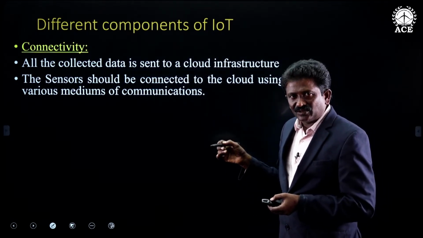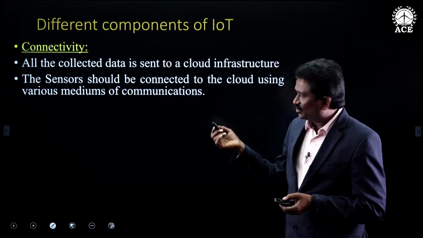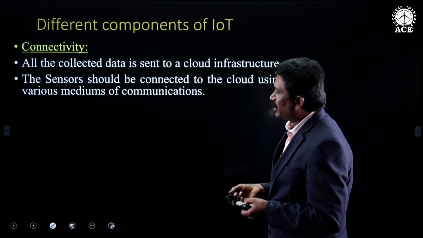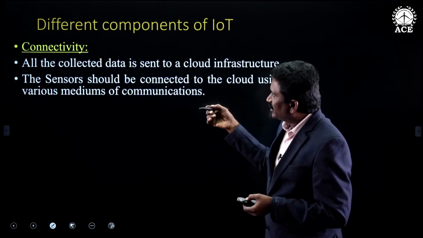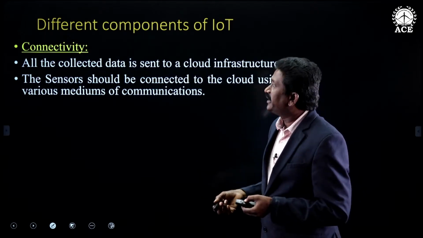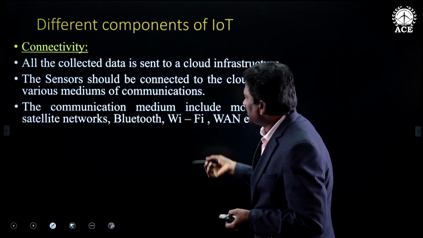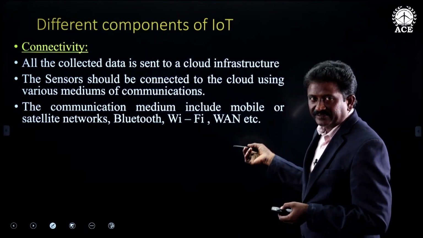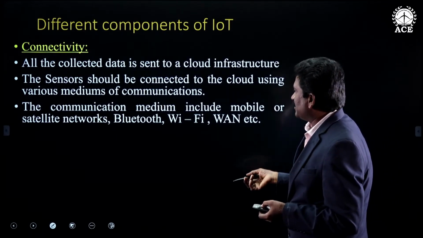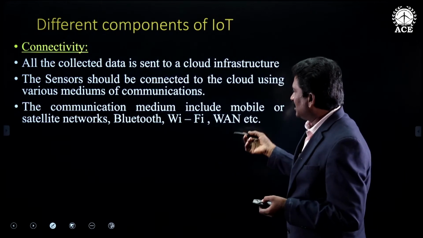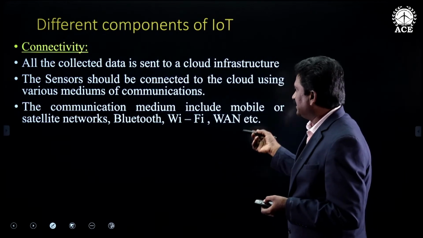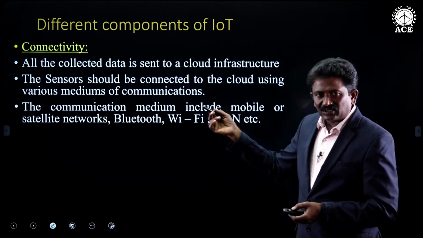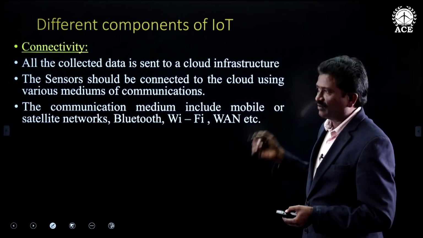Nowadays it is available in so many types of mediums. With the help of protocols you can perform remaining operations. The communication mediums include mobile or satellite networks, Bluetooth, Wi-Fi and WAN, etc. So these are the communication devices. Now with their help we are able to connect device and cloud.